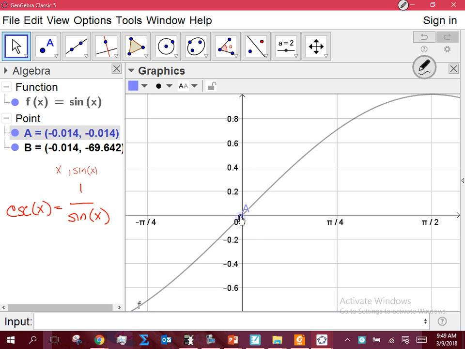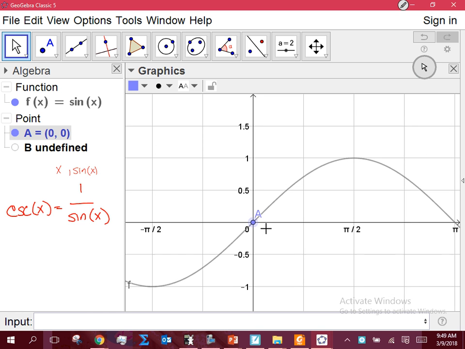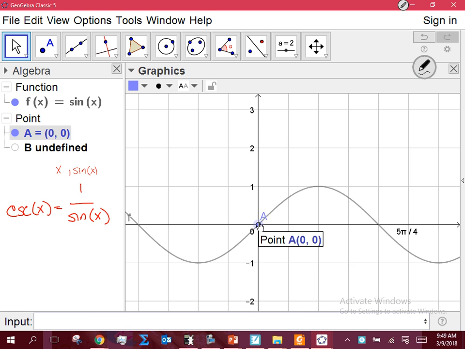What's going to happen right here, though? Because that y value of A is 0, right? 0 over 1, or 0 over any number you want it to be. But that number divided by 0 cannot be done, right? So we get undefined there. So graphically, what should exist right here? An asymptote, okay?